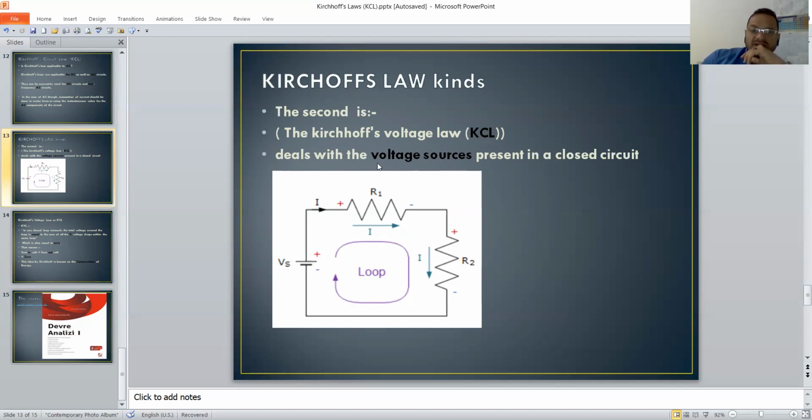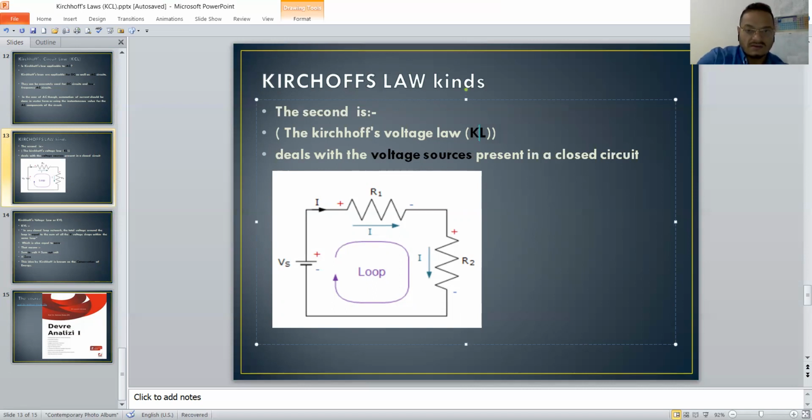I'm sorry, here maybe I have it wrong. The Kirchhoff voltage law, KVL, Kirchhoff voltage law. Yes, that's right. Now we're talking about the second kind of Kirchhoff law. The second kind of Kirchhoff law deals just with the voltage in a closed circuit, dealing with voltage sources present in a closed circuit.